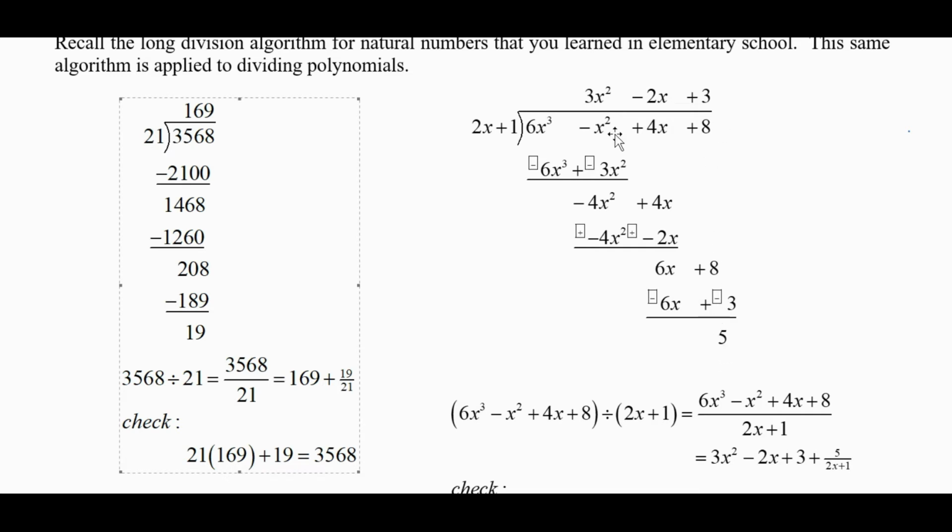We know we're done when we've run out of terms and the remainder is less than the divisor. What does it mean less than? It means a smaller degree. So when the remainder is smaller degree than that.